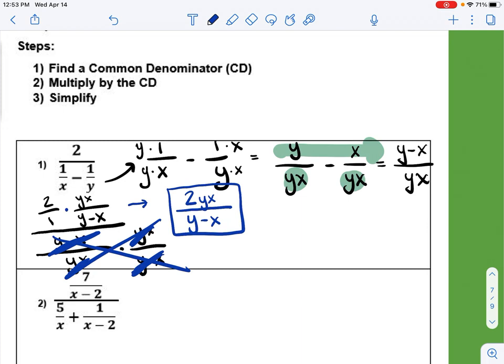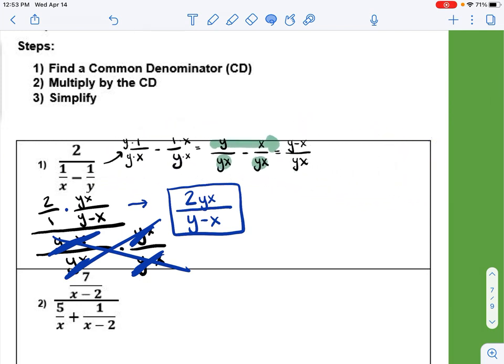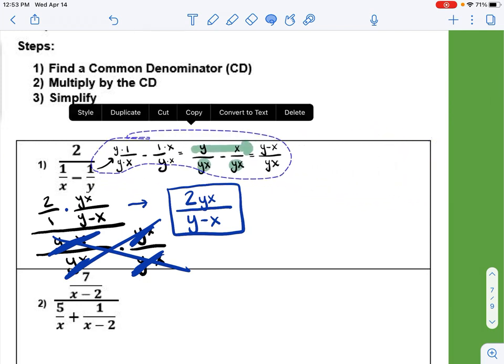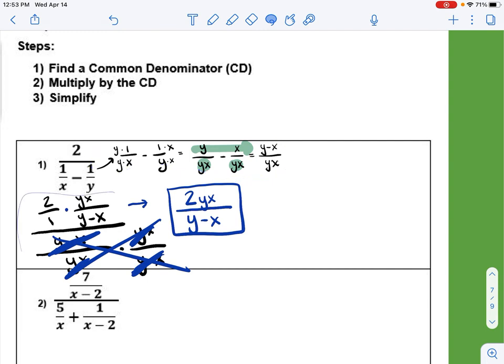There is another way we can do this using our CD, or common denominator. So let me scrunch all this up and we will try the second possible way. And then I'll show you each of the following problems, only one of these ways.